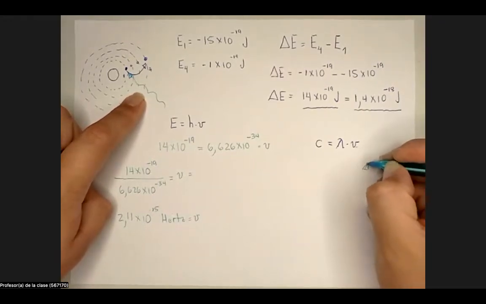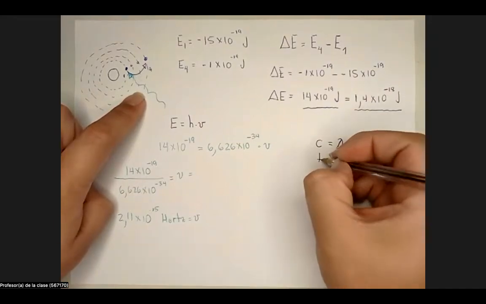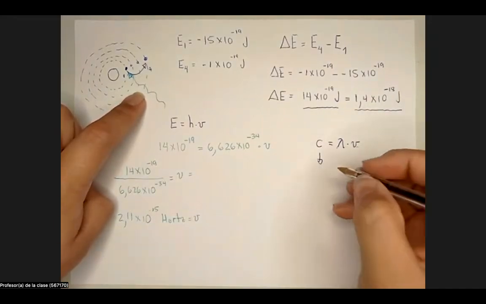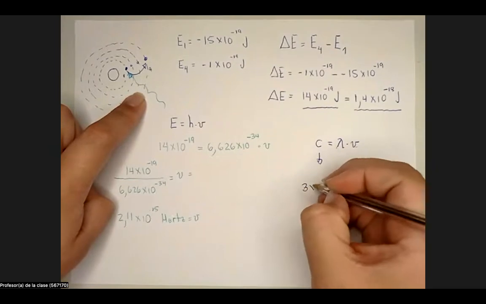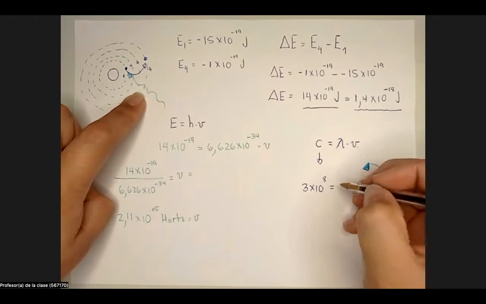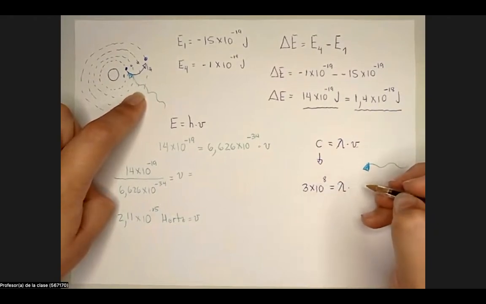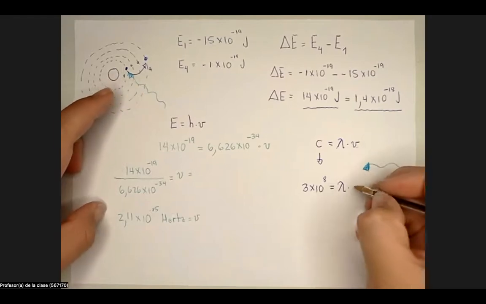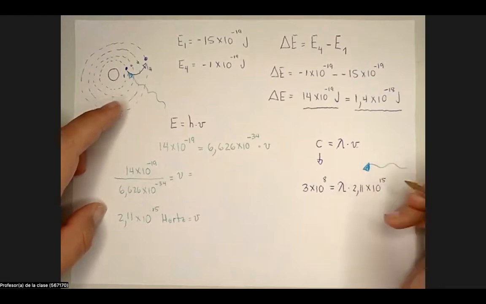Remember, the photon is the particle of the light. So remember that the speed of the light will be 3 by 10 to the 8 exponent, okay? This is the wavelength that the problem is asking me, and this will be the frequency, 2.11 by 10 to the 15 exponent.